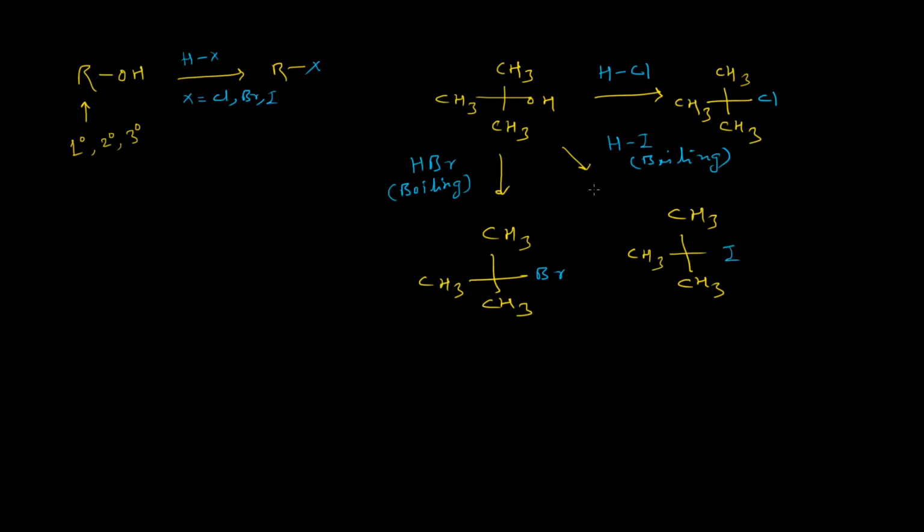These boiling conditions do not mean that hydroiodic acid or HBr are weaker acids than HCl. Their acidity is very high compared to HCl. But since these compounds are volatile, they need to be removed as soon as they form in the reaction medium, and in order to separate them from the reaction mixture via distillation, this boiling condition is applied.